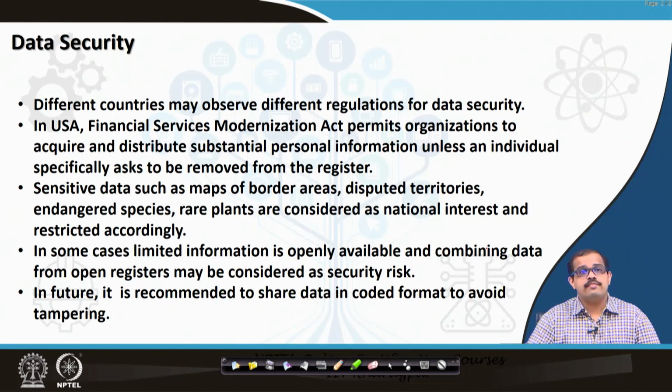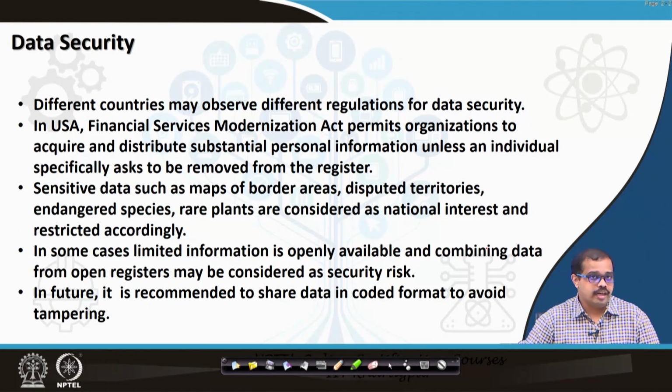Okay. Sensitive data such as maps of border areas, disputed territories, endangered species, rare plants are considered to be of national interest and restricted accordingly. You can see such restrictions even in India. There is a national data registry which can be flexibly used as one of those security tools.